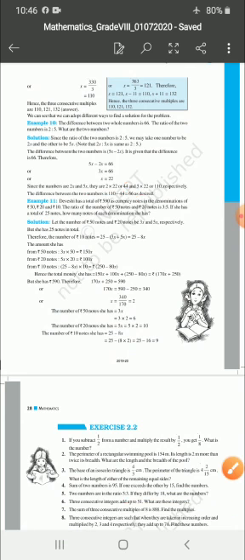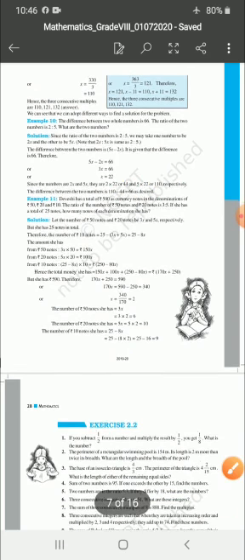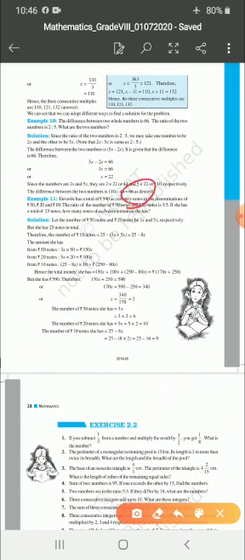If you want to check, 2 into 22 is 44 and 5 into 22 is 110. Now subtract these two, so you will get 66. That is what he mentioned in the question, that the difference between the two whole numbers is 66.